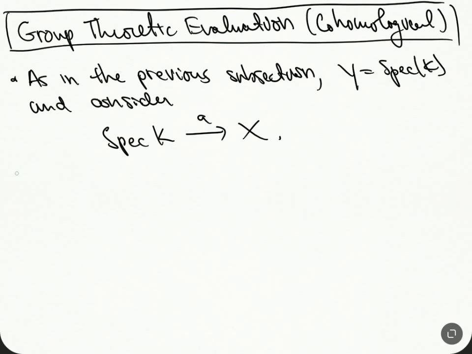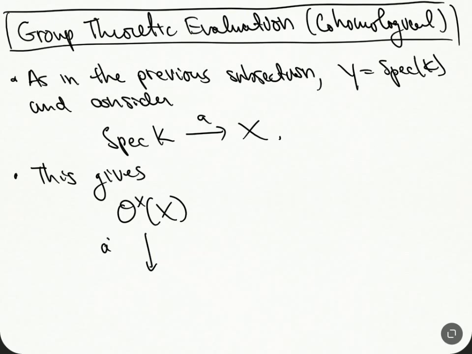This gives the following. We had the H0 of X, GM, and then we have A star, which is the pullback along A.